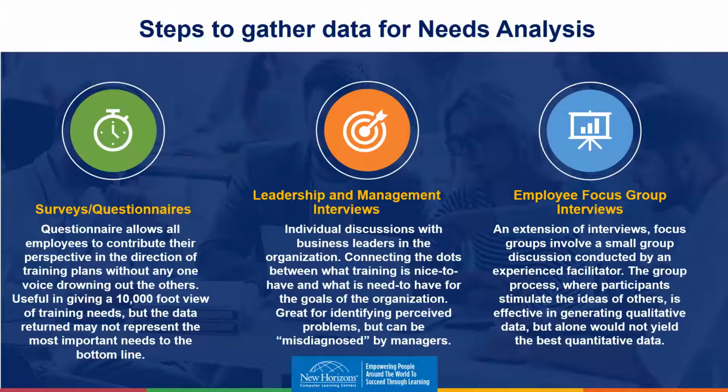And so if I look at all three of these and look at them in something of a triangle of information, with the questionnaires and surveys, you're getting data points, you're getting facts and figures. With the leadership and management, you're getting the interests of the organization.